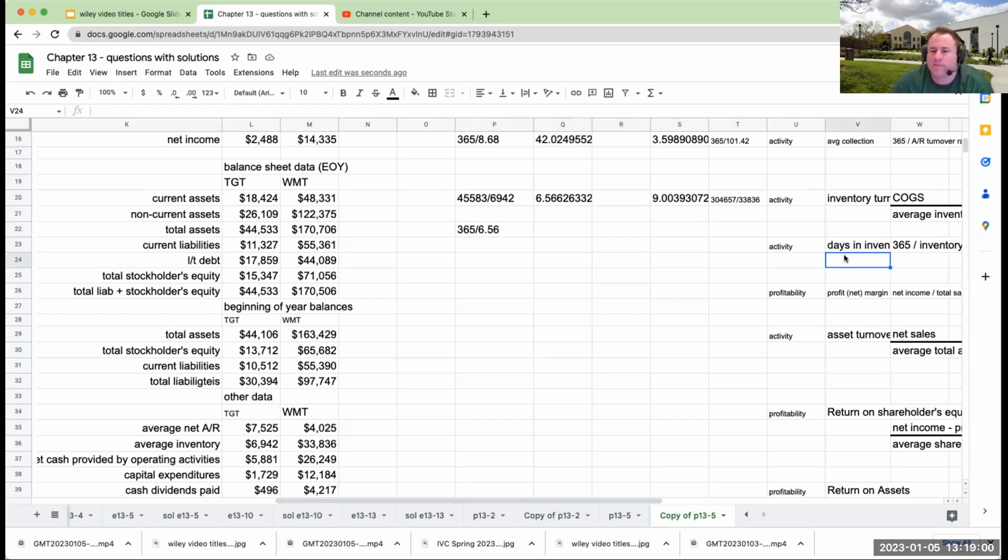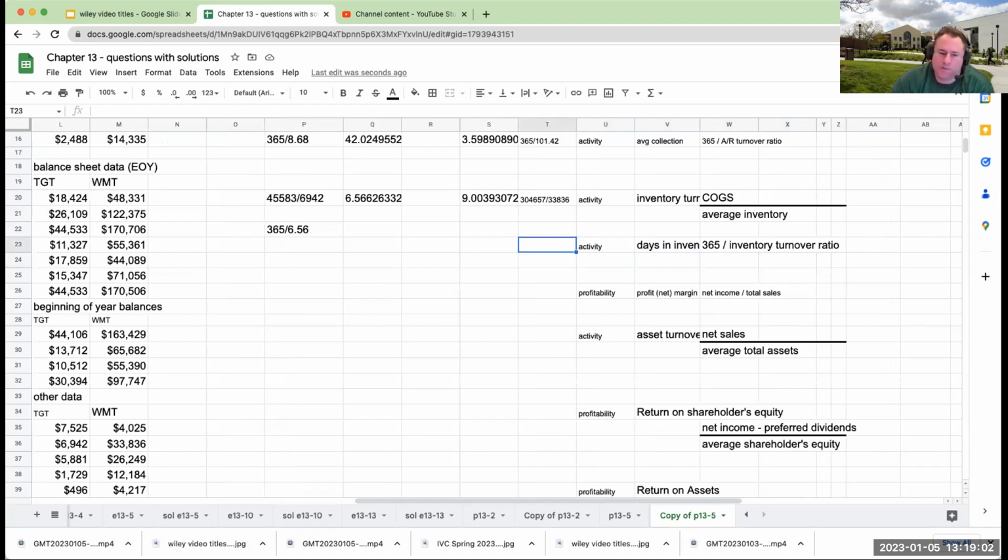What is this one? Days in inventory, right? So this is going to be 365 divided by 9. So this means that my inventory is basically taking me 55 days to convert. Here it's taking me 40 days to convert.